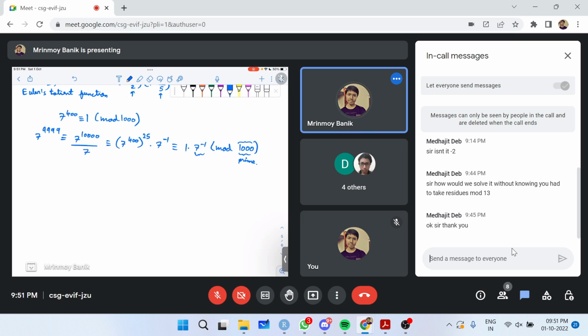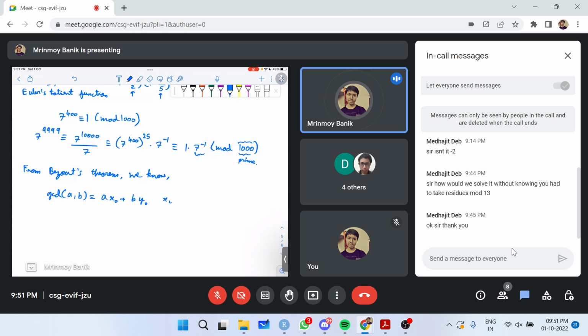For smaller ones, you can use trial method, but for larger ones, use Bezout's theorem. From Bezout's theorem, the GCD can be expressed as a linear combination of the two numbers.